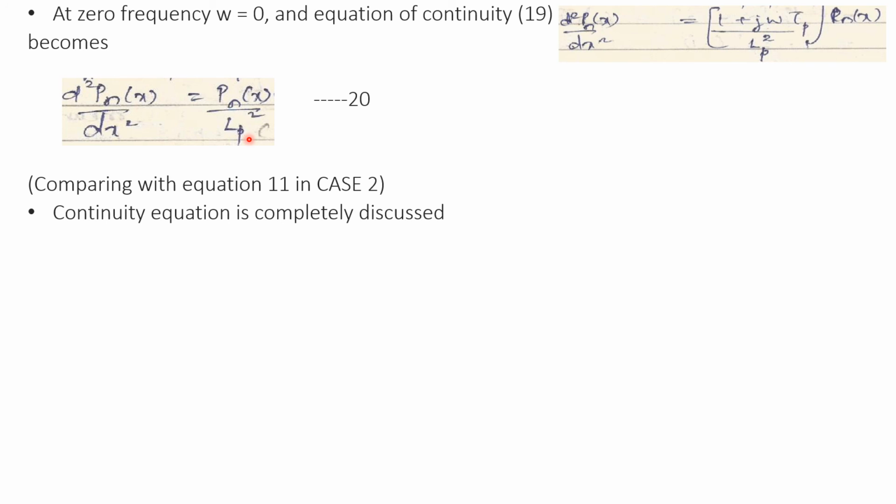So what remains is Pn of x upon Lp square. Equation 20, which is similar to what we had got in case 2, where we had considered the condition that the concentration is independent of time. So the continuity equation is completely discussed.